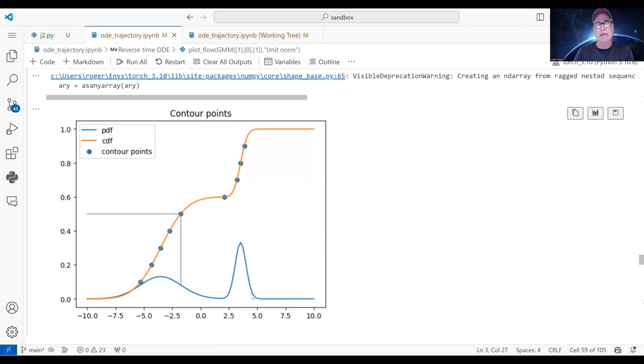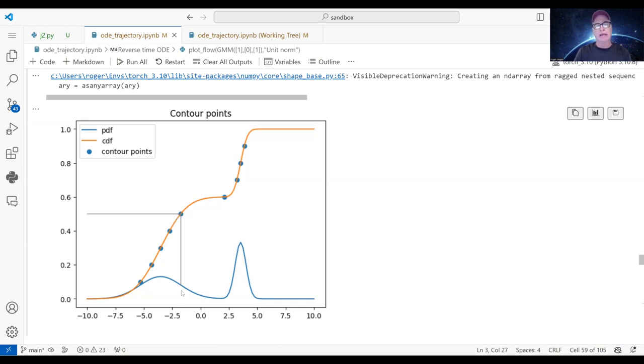So the blue line's the PDF, the orange line is the CDF, the integral of the blue line, and then I picked some points at like 0.1, 0.2, 0.3, 0.4. So these horizontal lines is the 0.5. Wherever that intersects the CDF, and you have to use a solver to find out where, because you can't get it in closed form, you find out what is the X that would produce that CDF of that value.